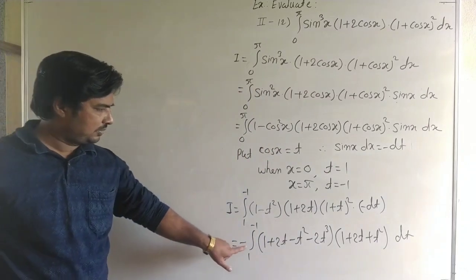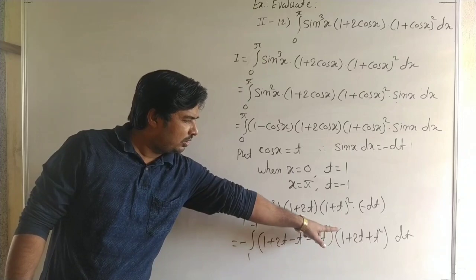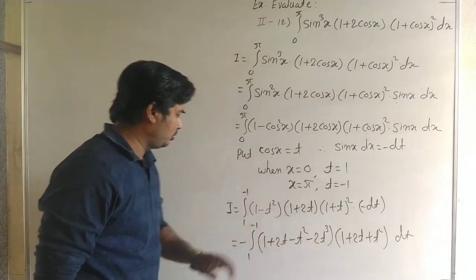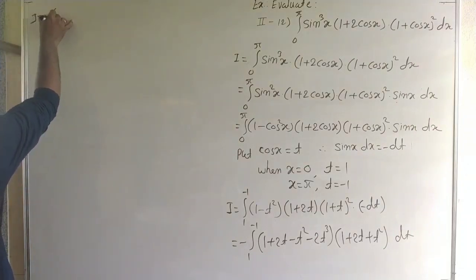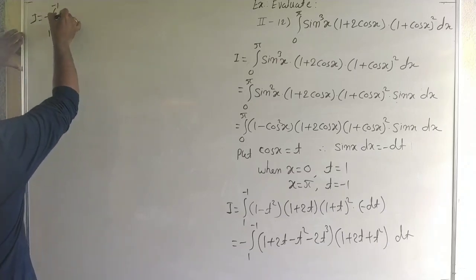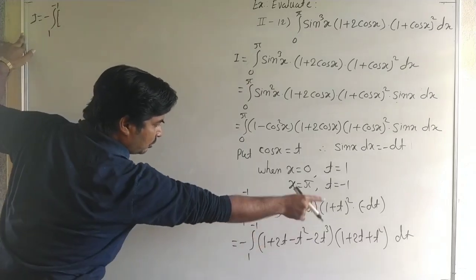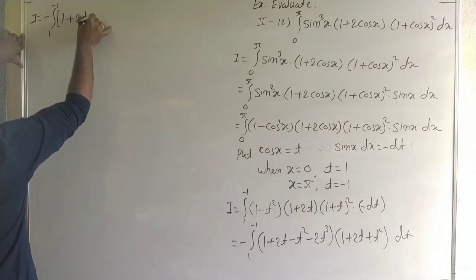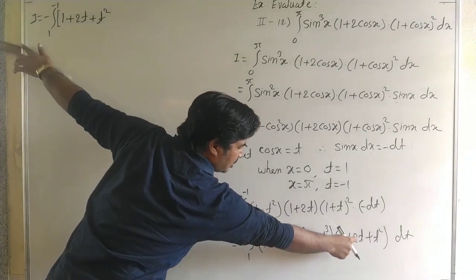See carefully. Multiplication of these two brackets, and the whole square is 1 plus 2t plus t square. Now we multiply these two brackets. Therefore the integral is equal to minus integral 1 to minus 1. Take the multiplication carefully. Multiply by 1 to this term, therefore it is 1 plus 2t plus t square.